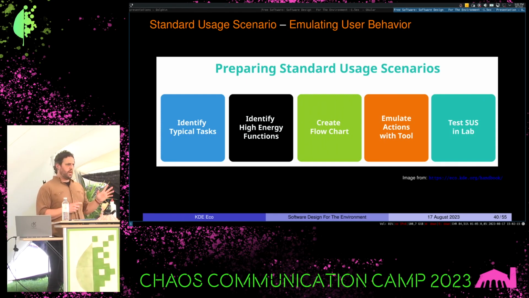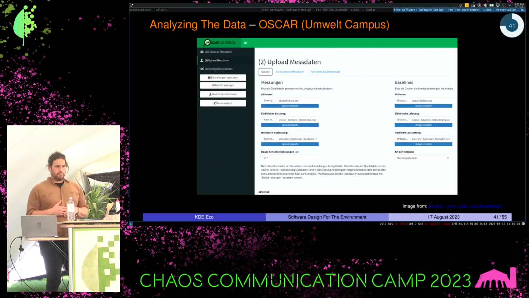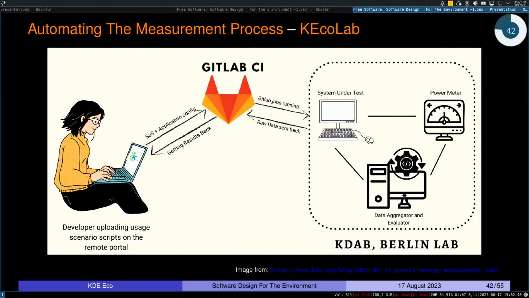There were several talks at Akademy just a few weeks ago, which you can watch about this approach, but it's also useful for user emulation. Once you have that, you upload it to the machine you want to test, you get the results back, and then there's this tool, Oscar, where you can upload the data and get a report back. The nice thing is that with this lab set up with remote access, all of that's automated.